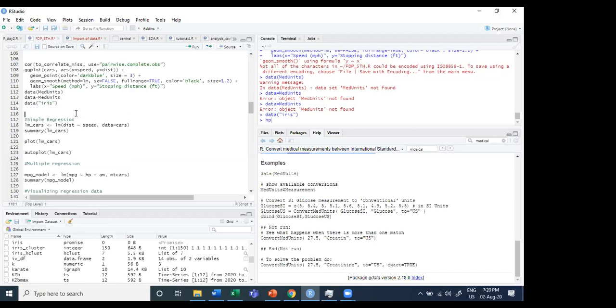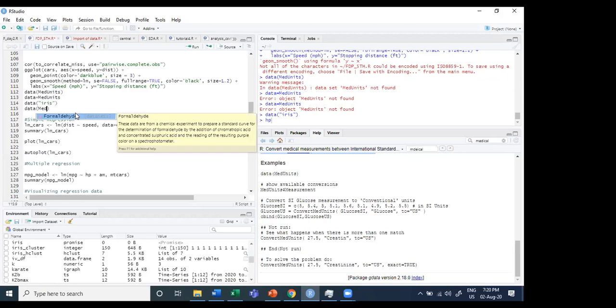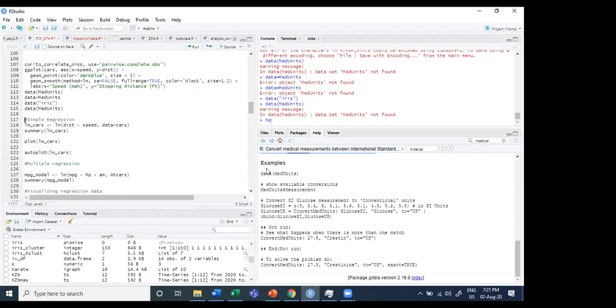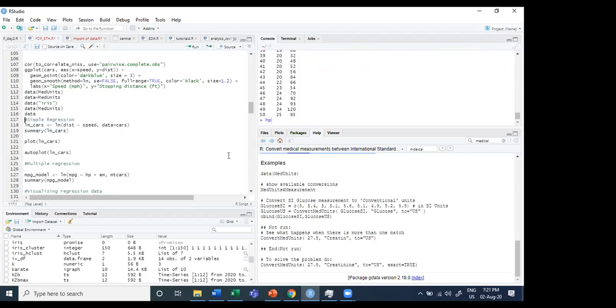Similarly, why has this data not come? So let it be MED unit. It is showing a data warning. Let us call this data. So here is the data.